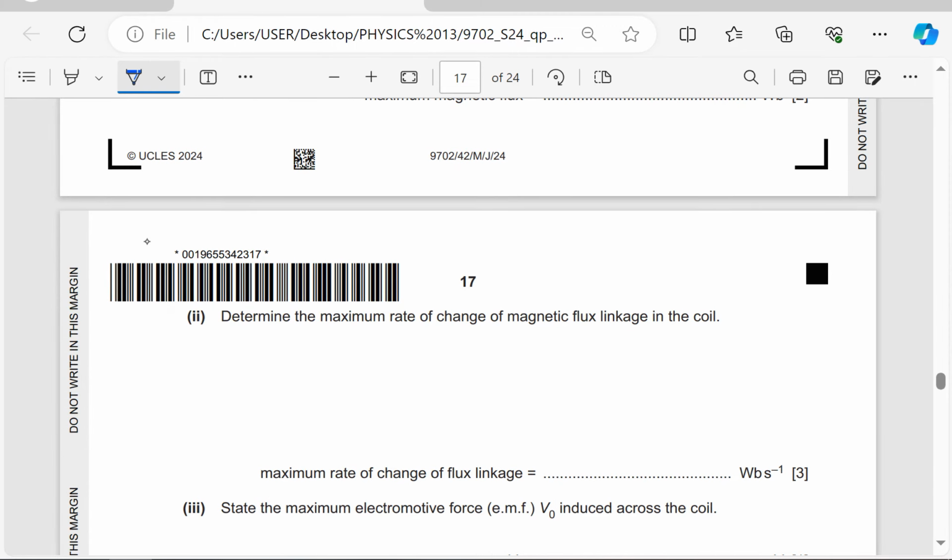Determine the maximum rate of change of magnetic flux linkage in the coil. Just in that coil, maximum rate.